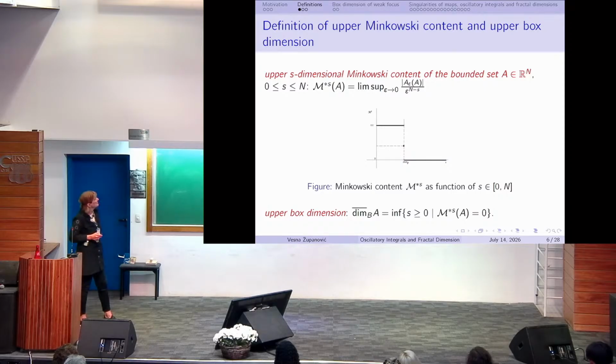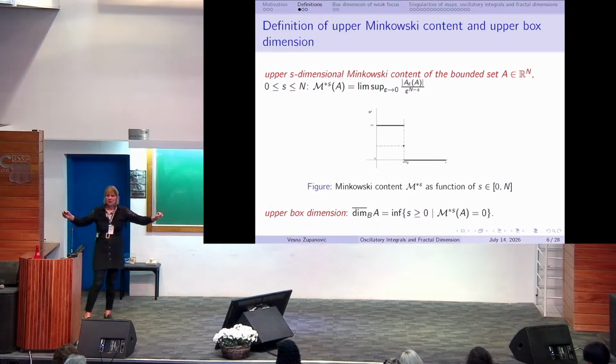We take a bounded set and then its epsilon neighborhood, A epsilon of A. Then we take the Lebesgue measure of that epsilon neighborhood of the set, which means if you are on the line, this is length, or in dimension 2, this is area, and dimension 3, and so on.